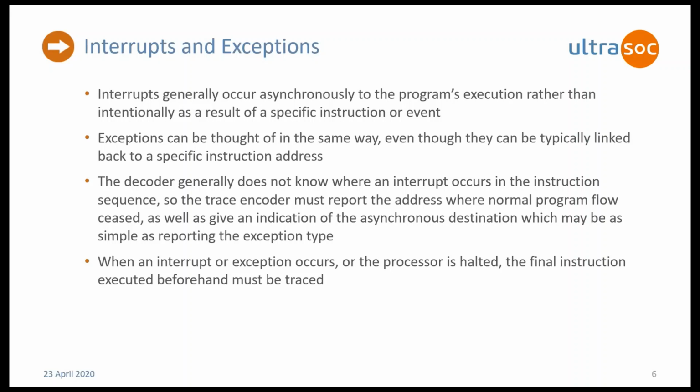For example, if a floating point instruction is running on a core that does not support that, there will be an exception, and the handler will deal with that. The processor trace encoder must take care of that and report the information as needed, so that the software decoder running in the debugger will be able to retrieve and reconstruct the program flow.